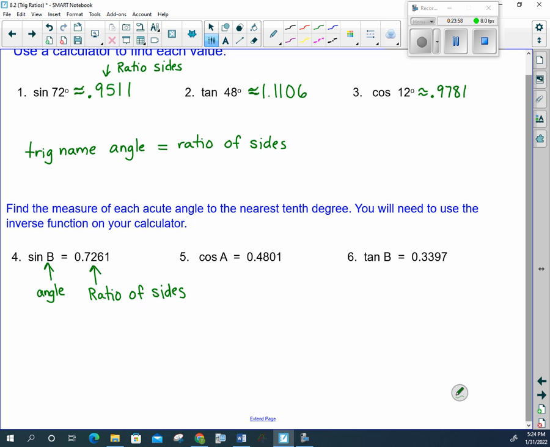So on your calculator, you have a button that says sine like this, and then right above it, you might see something like this. Okay? This right here, when I push this button, it gives me the ratio of the sides. When I push this button, that's the inverse button, it gives me the angle measure.